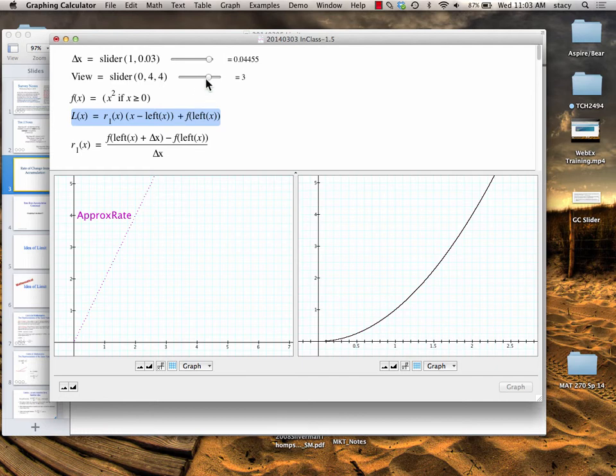And so these approximations get so good that they're as good as the exact rate of change. And so today we're going to start trying to figure out how we can encode this process mathematically. Question?